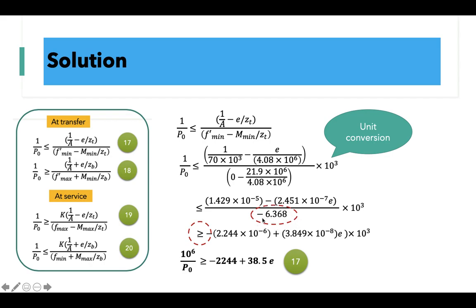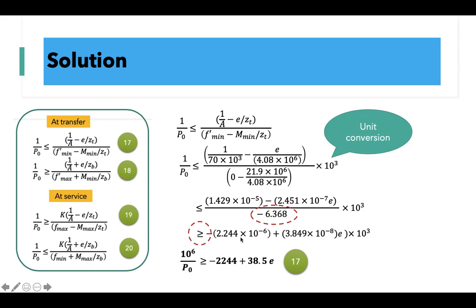If we still remember, when we went through the equations to determine the pre-stress force values, we have a change in the sense of inequality if we have a negative denominator. Similarly here, since the denominator is negative, instead of the inequality sign of equal or less than, we change the sense of inequality to larger than or equal.